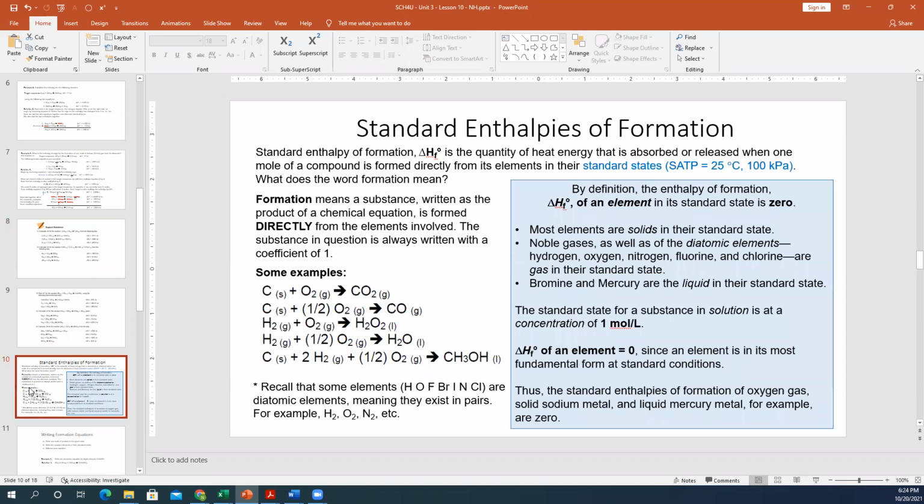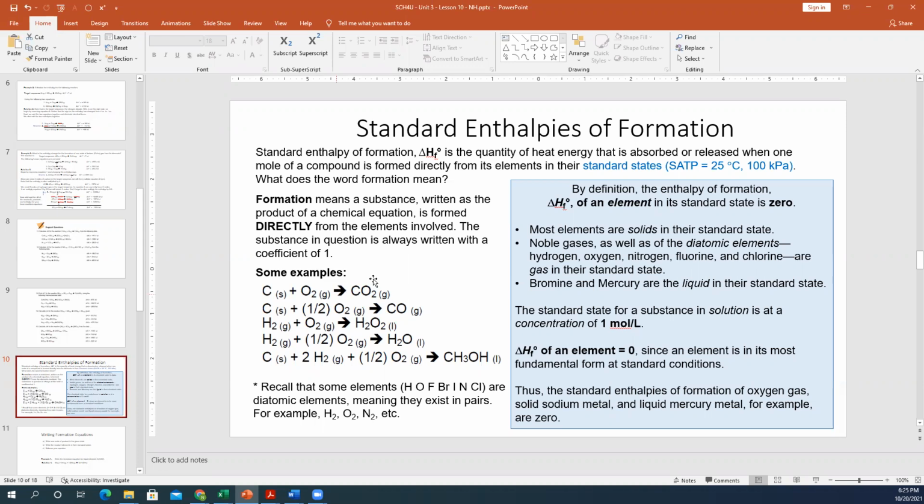Now let's talk about these standard enthalpies of formation. The standard enthalpy of formation is the quantity of the heat energy that is absorbed or released when 1 mole of the compound is formed directly from its elements in their standard state.